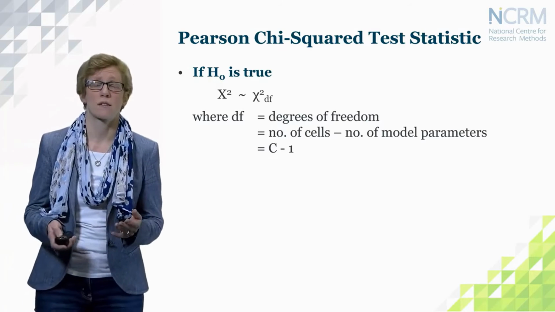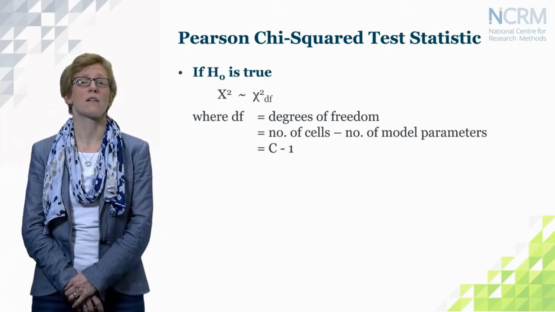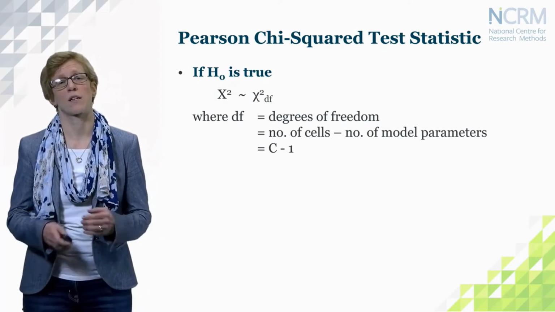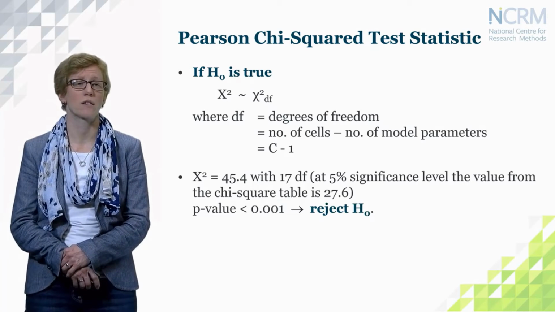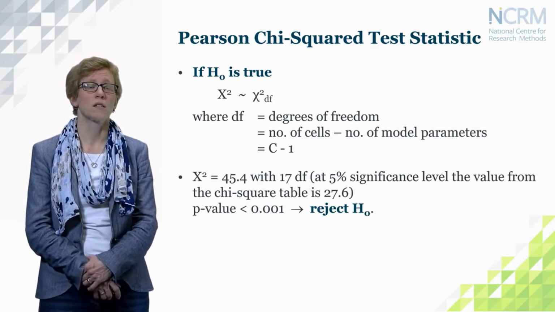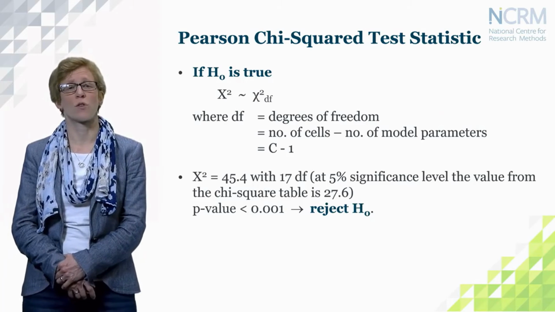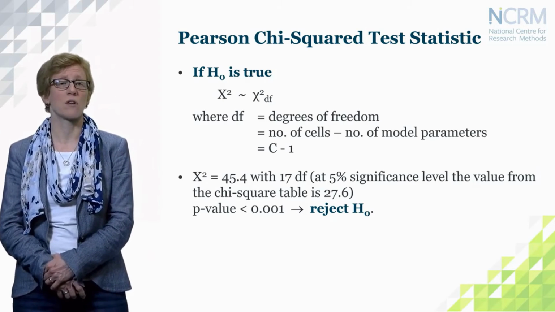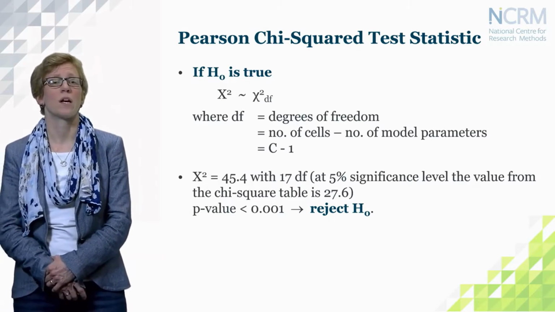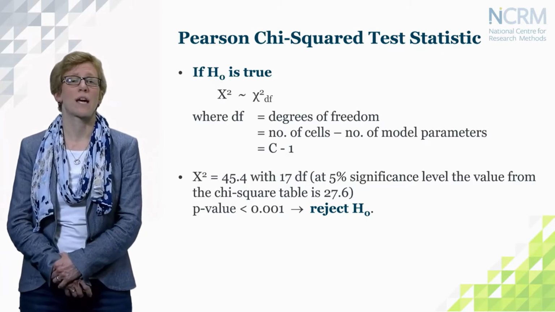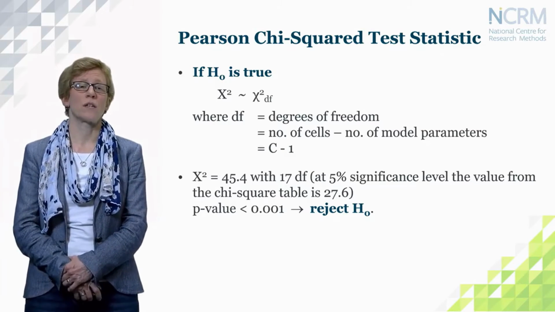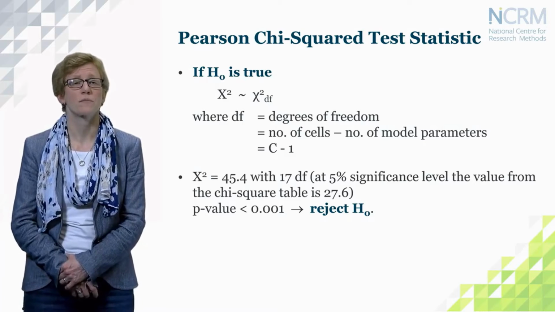In this simple model that is just 1, because we have only alpha that we need to estimate. So we've got the chi-square test statistic of 45.4 with 17 degrees of freedom, so 18 minus 1. At the 5% significance level, the chi-square table value is 27.6.